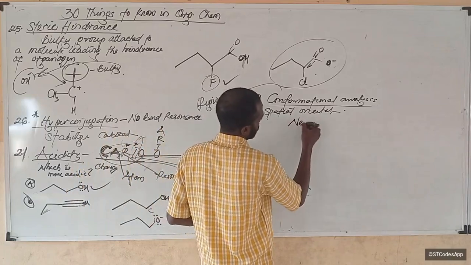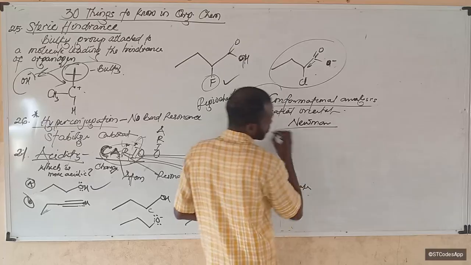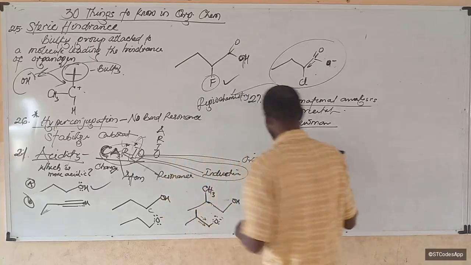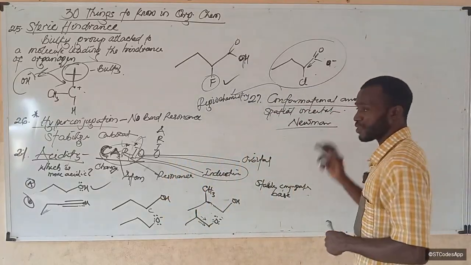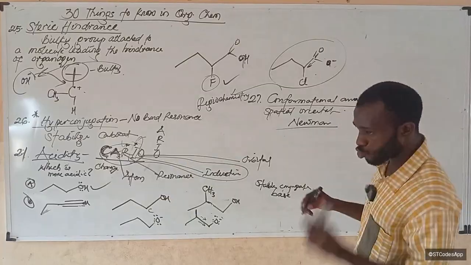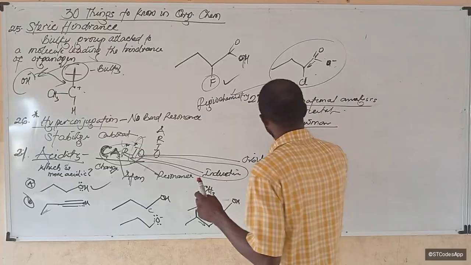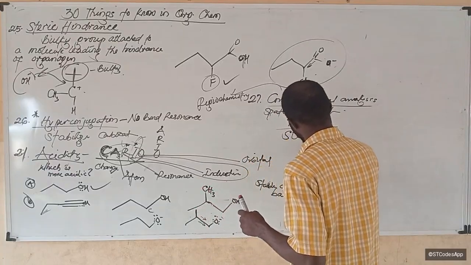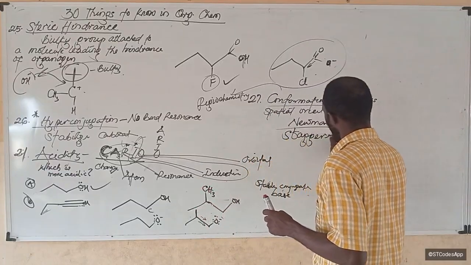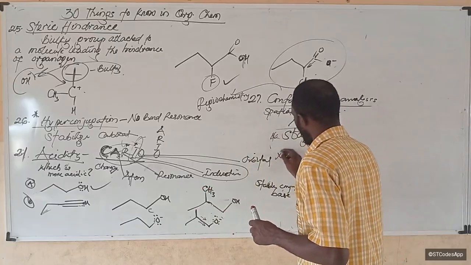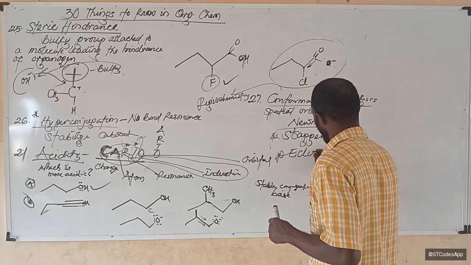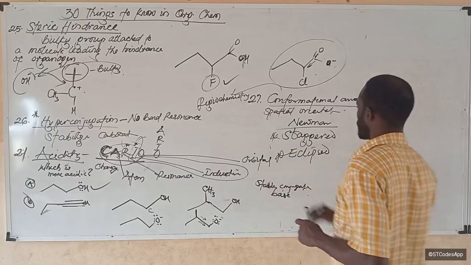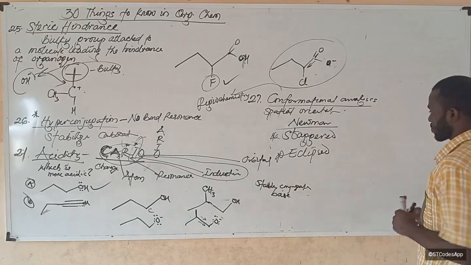We use Newman projection to represent them. I'm going to be using an alkane in this case. We have different conformations, and there are two extremes of conformation: staggered and eclipsed.